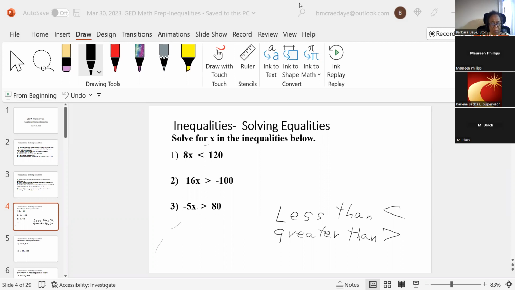I see Maureen's, but I don't see yours. Now, Maureen, you got to make sure you say less than or greater than for the symbol. So you sending me yours again? I'm sending you mine again, Miss Barbara. Okay. So Maureen, if you had an error on your less than, correct it and just send it again. Okay.